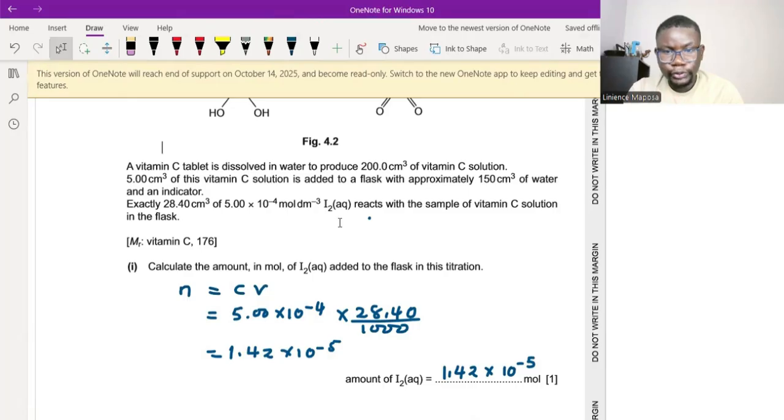So there was 1.42 times 10 to the minus 5 moles of vitamin C. But these moles were in 5 cm3.